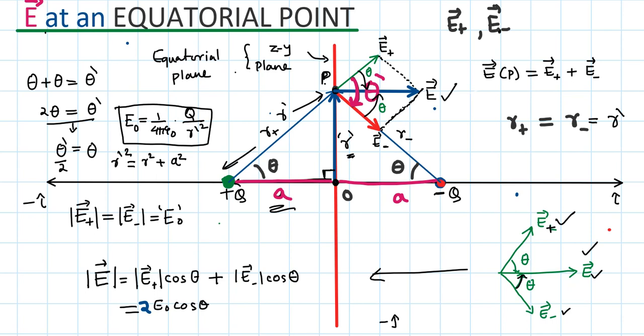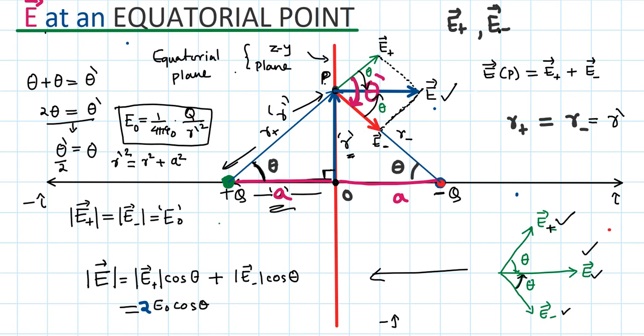Again we go back to the triangle P plus QO. Can you see the triangle? It's over there. From that figure, you see the angle placed there. Cos theta can be found as the adjacent side divided by the hypotenuse R prime.